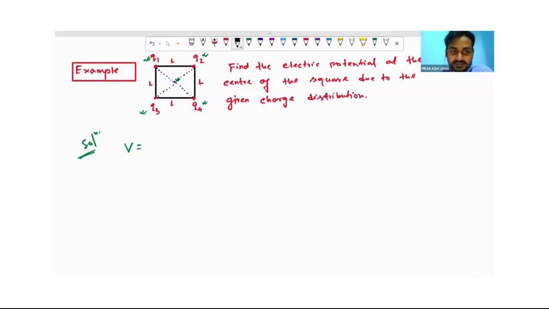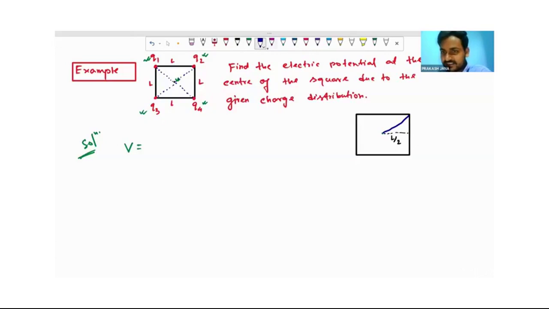So for that, let us draw the diagram once again. So suppose this is the square. We have to apply geometry a little. What is the distance? This distance is L by 2. Now we connect this. This is the length that we are looking for, from the center to the vertex.